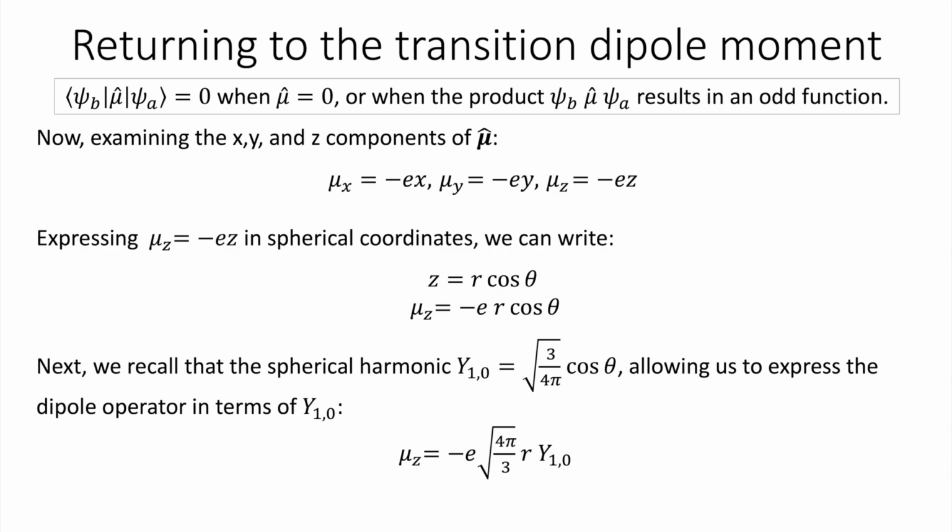And if we recall, or more likely look up a table of spherical harmonics, we'll see that the spherical harmonic Y10, so L is 1, M is 0, is the square root of 3 over 4 pi times cosine theta. So we can go ahead and express that in terms of Y10, the angular wave function Y.